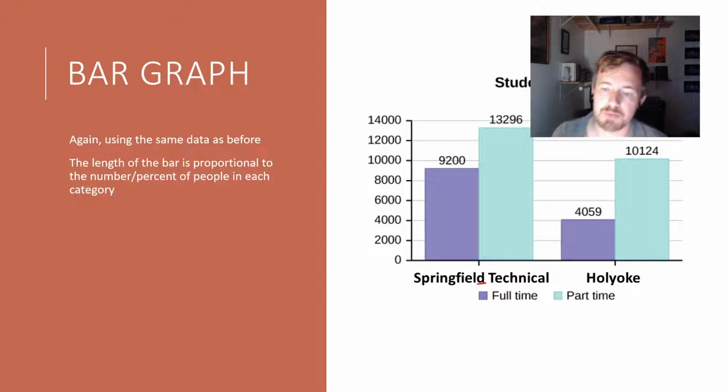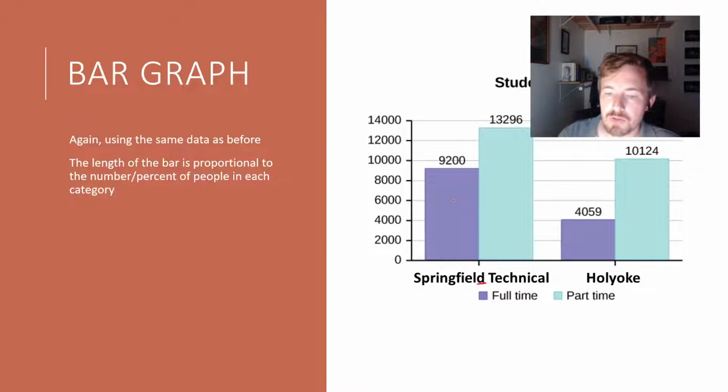The reason why is because I would be interested in looking at what is the percentage of people who are full-time versus part-time. Using a bar graph is going to be much better at looking at frequencies, mostly. And the reason why I say that is because here with Springfield, there's just many more students, right?